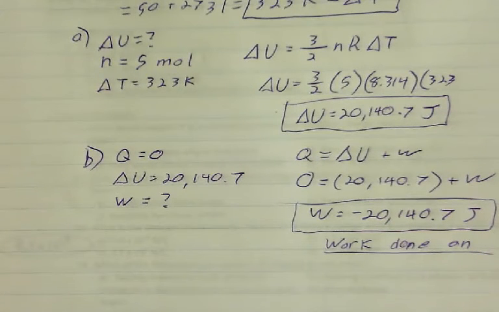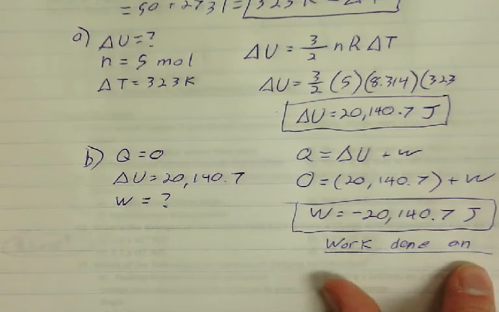So this would be the compression of a car engine. When work is done on the gas, the internal energy of the gas is going to increase, but it won't necessarily transfer heat into it. But the energy will change. So this is work done on in this case.